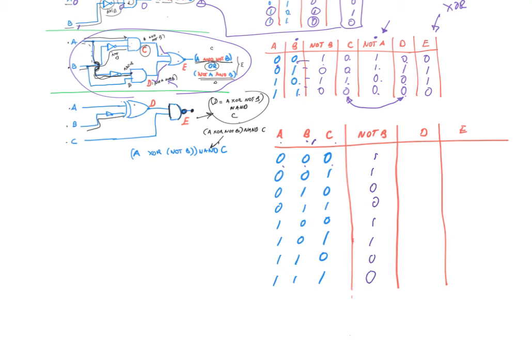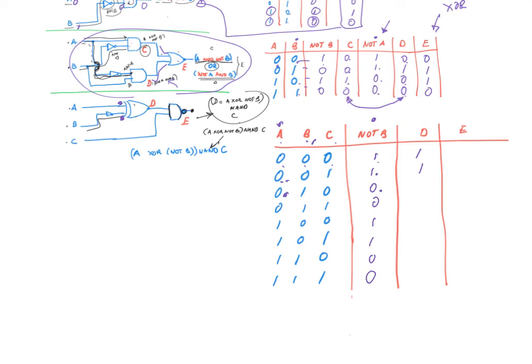Okay. Now D is A XOR not B. So 0 XOR 1 is 1, 0 XOR 1 is 1, 0 XOR 0 is 0, 0, 0, 0, 1, 1.